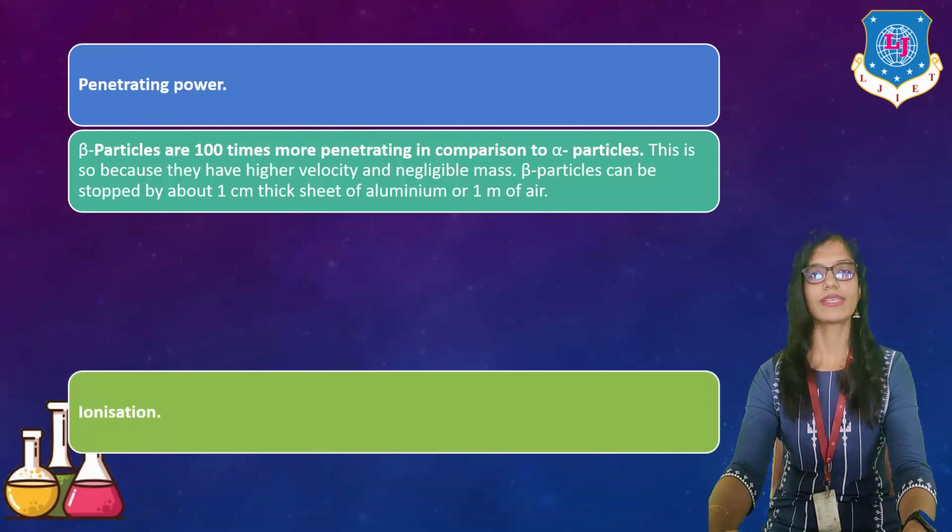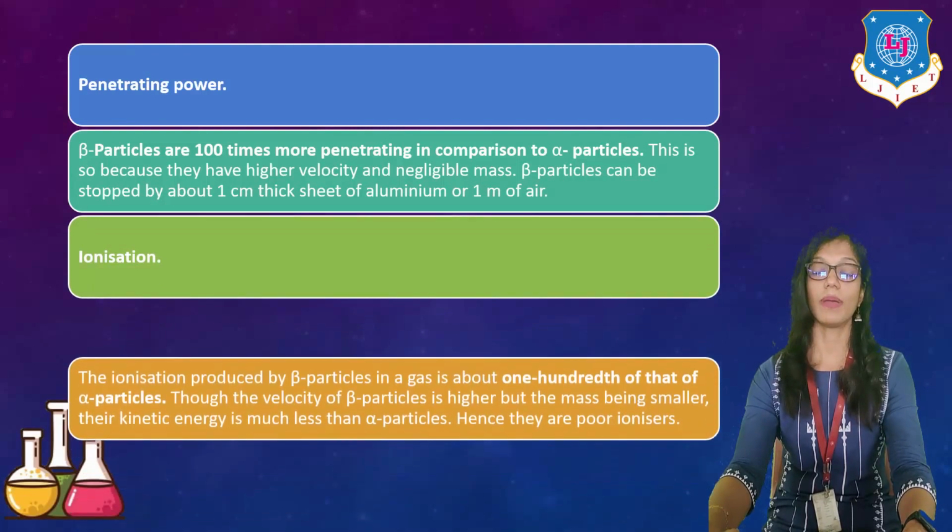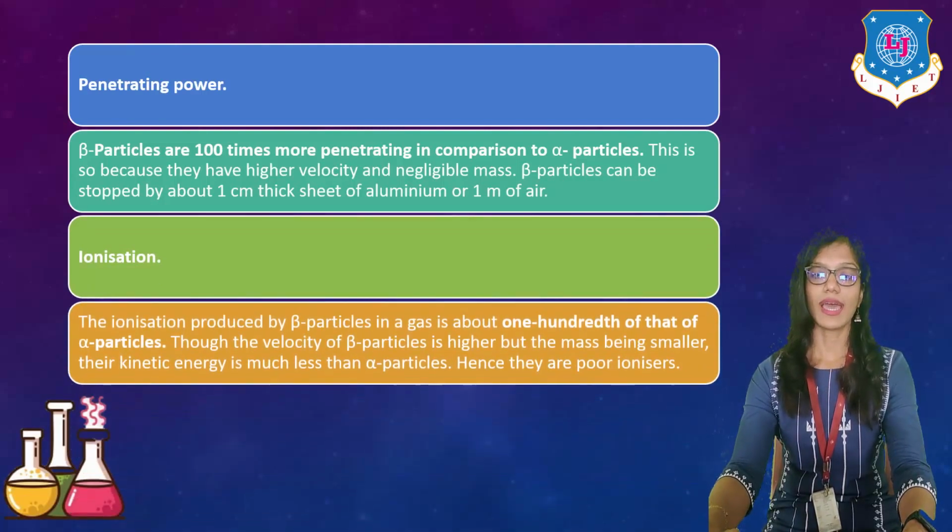Our next property is ionization. The ionization produced by beta particles in a gas is about 1/100th of that of alpha particles. Though the velocity of beta particles is higher, the mass being smaller, their kinetic energy is much less than alpha particles, and hence they are poor ionizers.